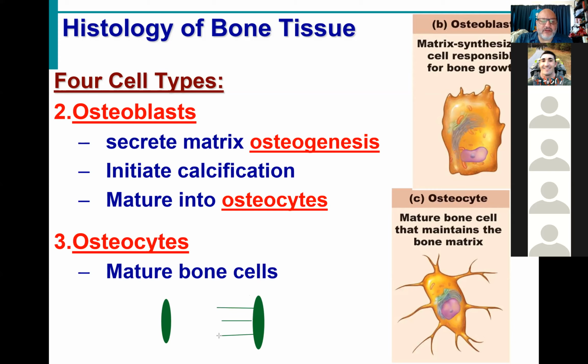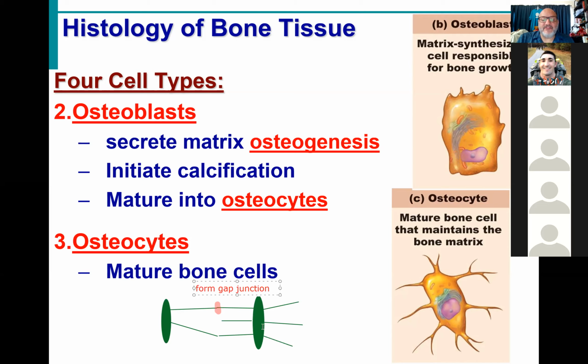They extend these huge, long processes out from each other, reaching out to their neighbors. And so their neighbors can end up reaching out to them as well. And when they reach out to them at that location where they meet, they will actually form gap junctions. Remember, gap junctions are those fluid-filled holes between the cells.